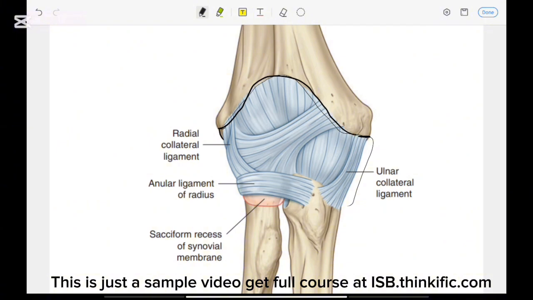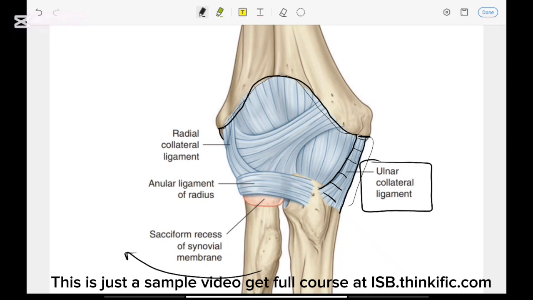This fibrous membrane is thickened in particular regions. It's thickened medially here to form a ligament called the ulnar collateral ligament, right? And this prevents excessive abduction of the joint. It stabilizes the joint.